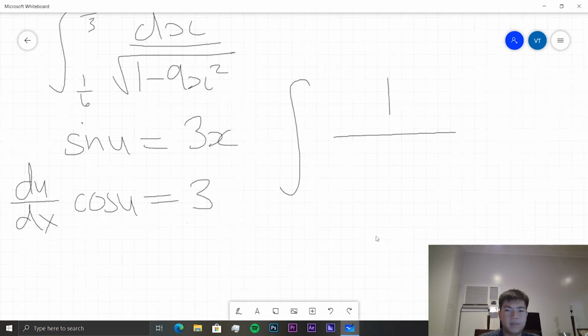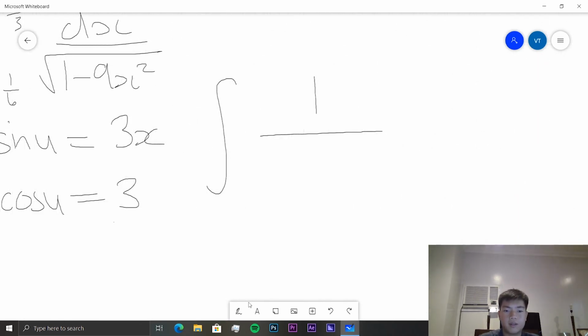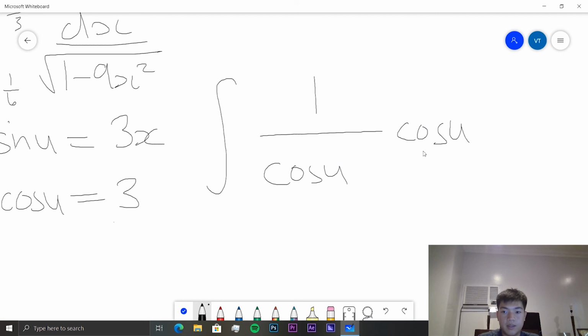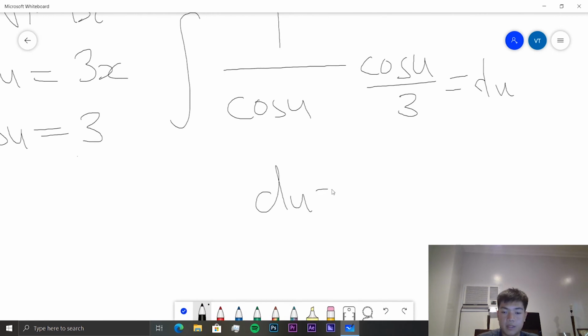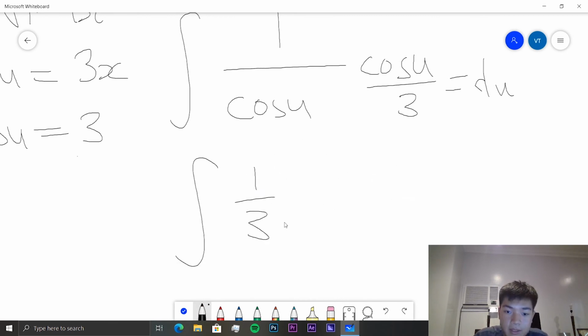So we have 1 over cosine u times cosine u over 3 is equal to du. So we get that this evaluates into the integral of 1/3 du.